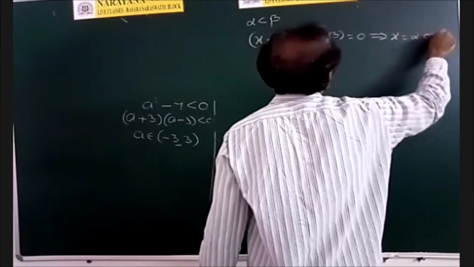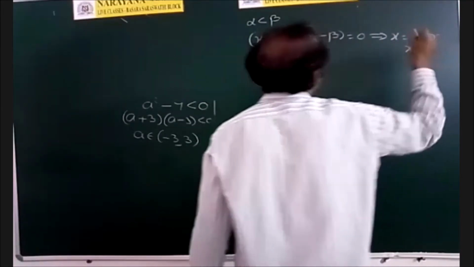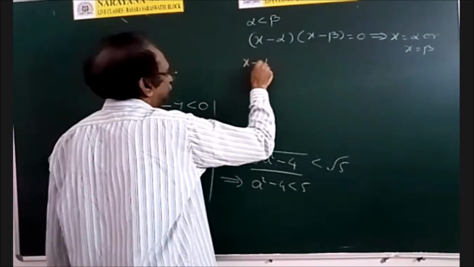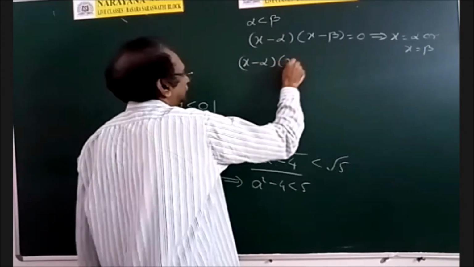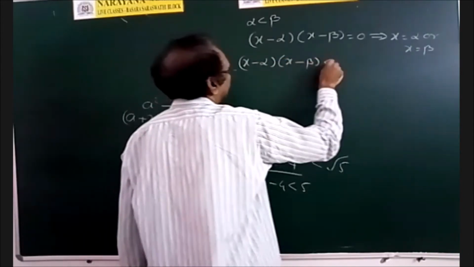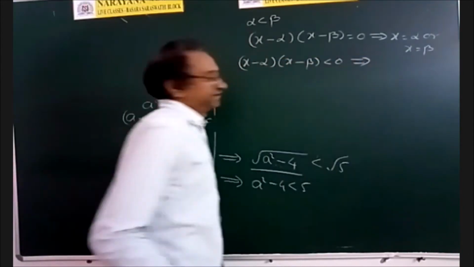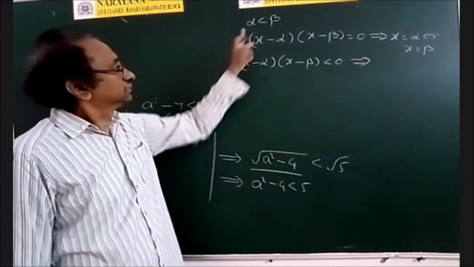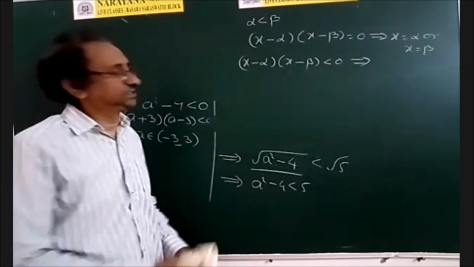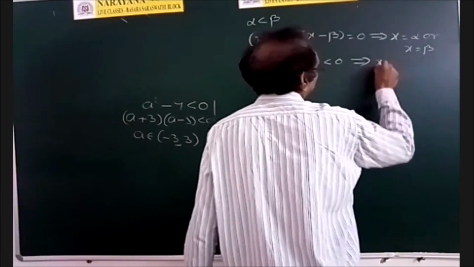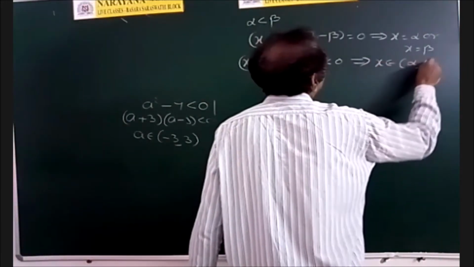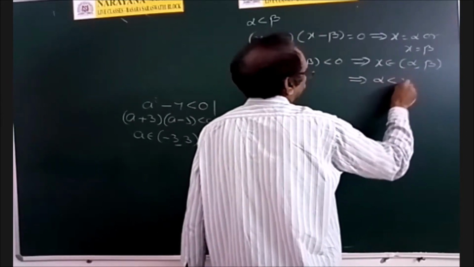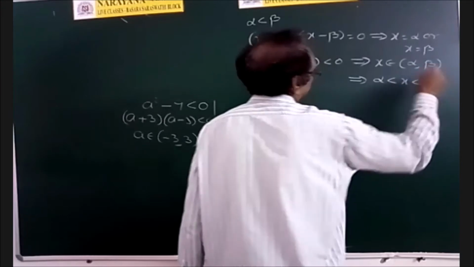X is equal to alpha or x is equal to beta. But x minus alpha into x minus beta less than 0. So first of all, find which of these two numbers is the smaller one. So we assume that alpha is less than beta. And therefore, this x belongs to open interval alpha comma beta. Or I can write this as alpha less than x less than beta also.